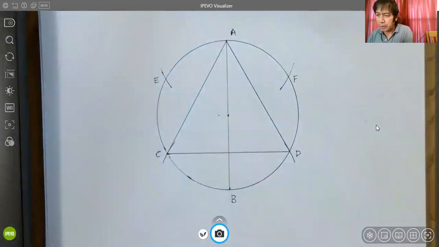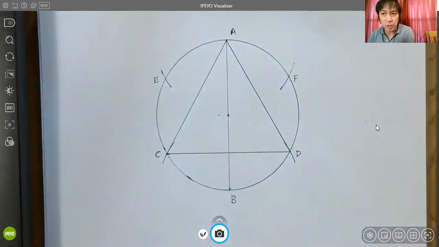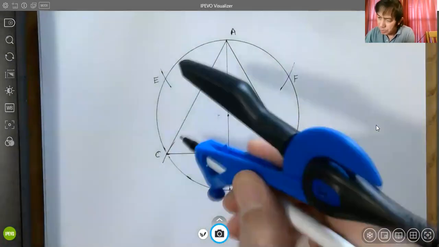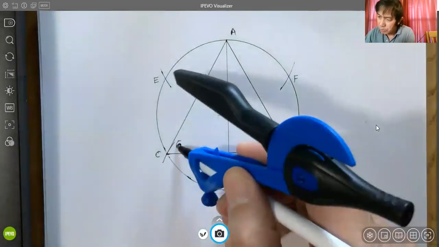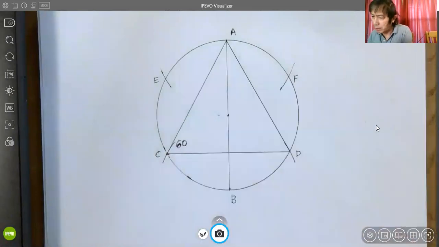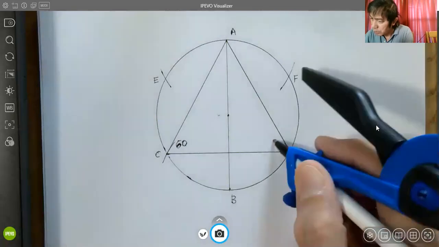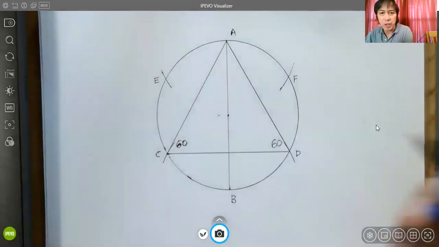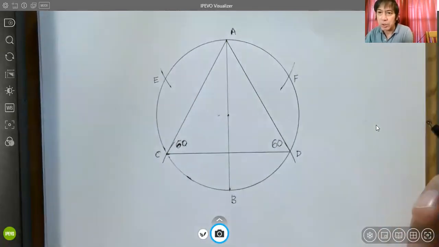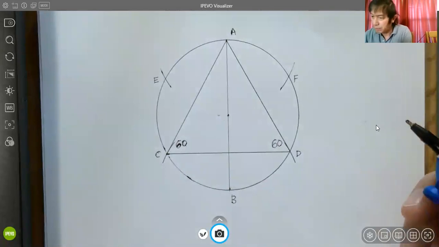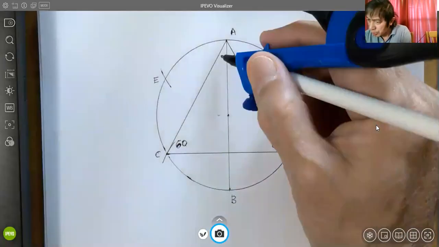That means angle ACD is 60 degrees. And angle ADC is also 60. And of course, angle CAD is also 60. So that means this is 30, 30.